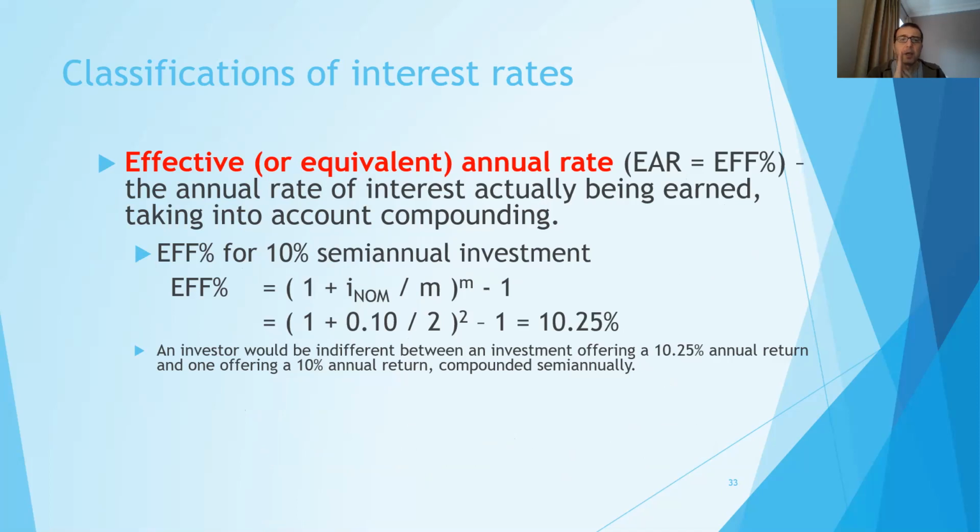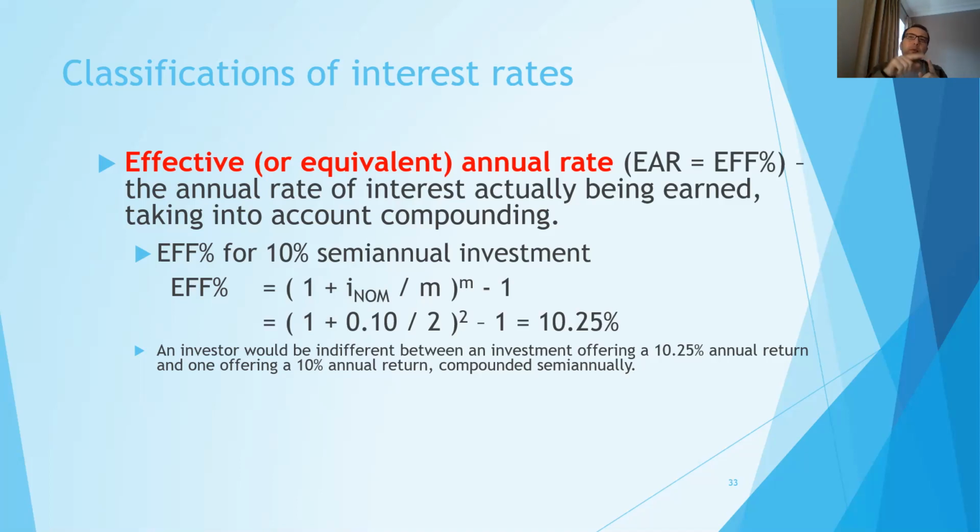And we have another interest rate, the effective annual rate, right? Or equivalent. So effective annual rate means that instead of compounding, what is the equivalent of the annual rate? I mean, you may compound it on a, let's say, quarterly basis for 4 times.